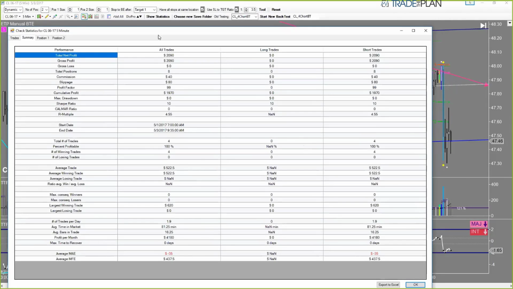So it's really nice. And then of course it spits it out into this statistical sheet here for you, which is something that I had to do with my own spreadsheets. So of course you can export it to Excel, and you can analyze your exit, your first target and your second target independently, which is also very nice.